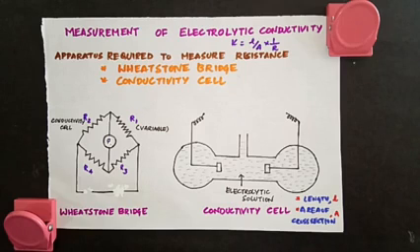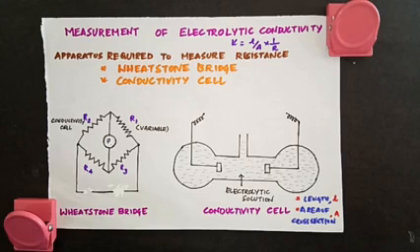But for measuring the resistance of an electrolytic solution, two problems arise. The first one, you cannot use direct current, because it will change the composition of the electrolytic solution. When you pass direct current through a metallic wire, no chemical change will take place, but in an electrolytic solution, there will be some changes. So we cannot use direct current.